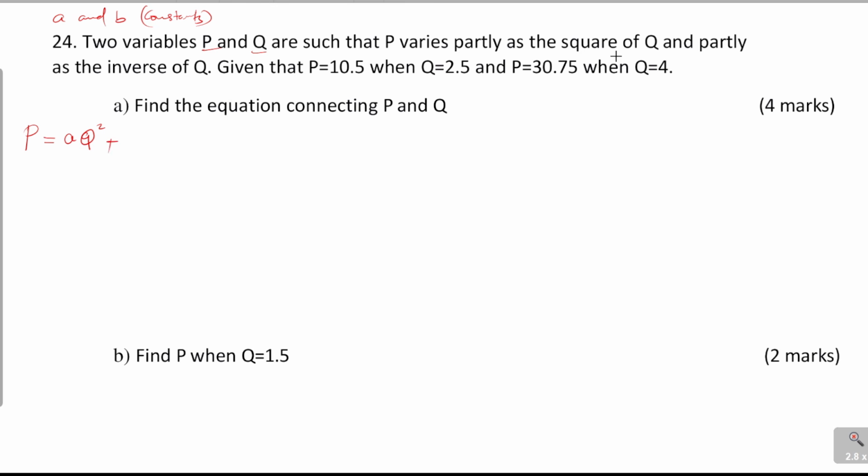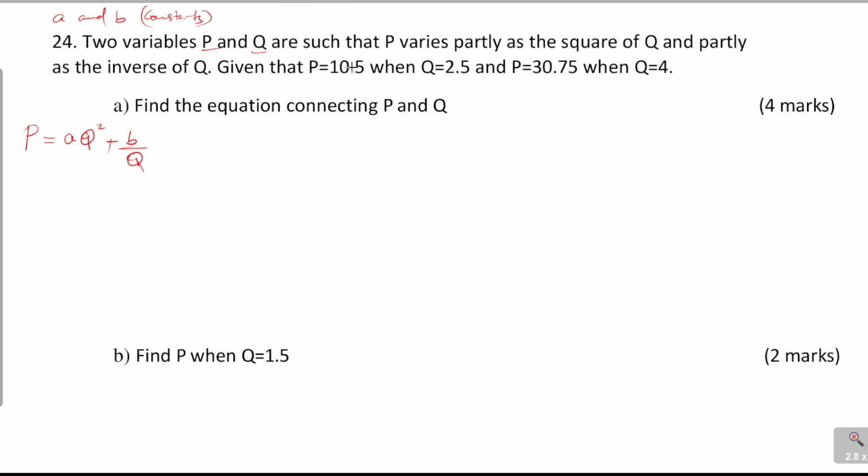Then partly as the inverse of q, so you start with the other constant and then the inverse of q is like that. So that is the equation: p varies partly as the square of q, that is aq squared, where a is the constant, and partly as the inverse of q, where b is the constant, and you have q there.